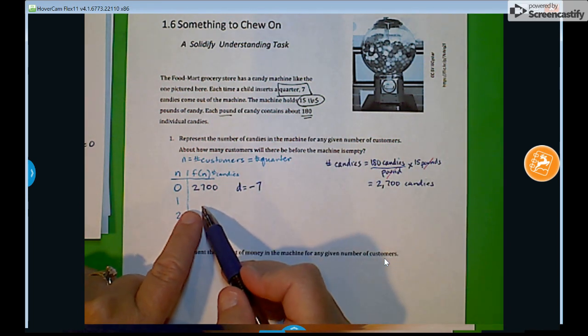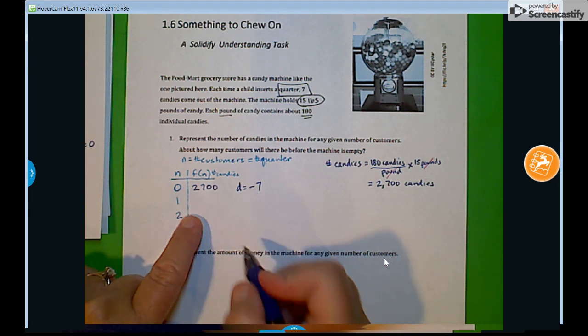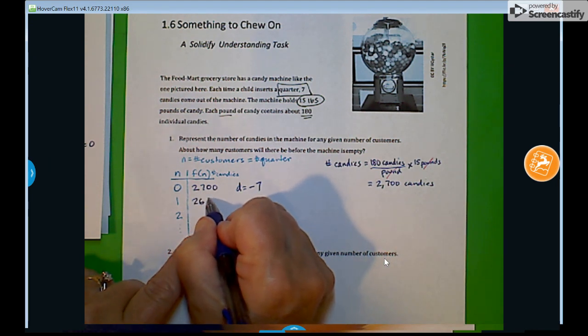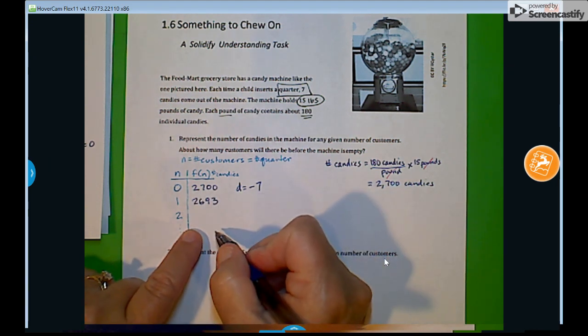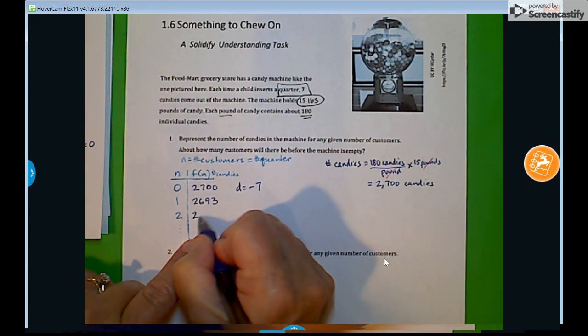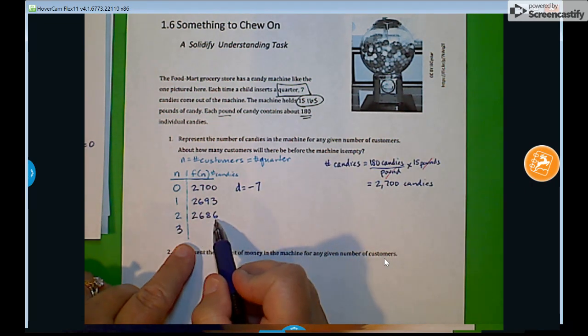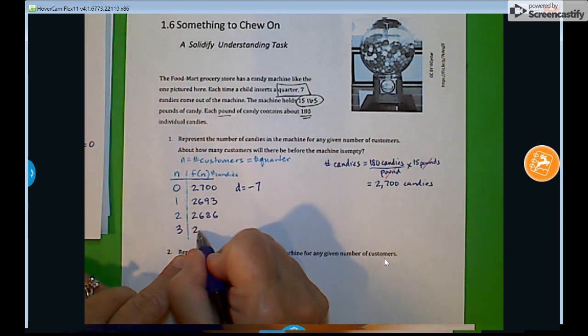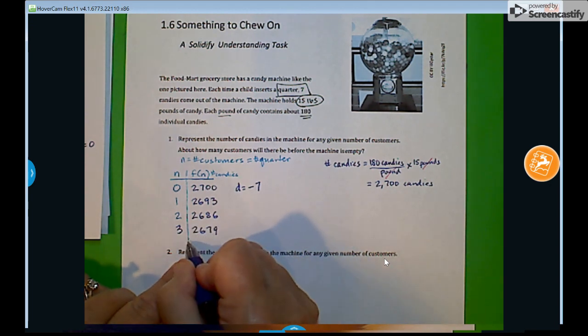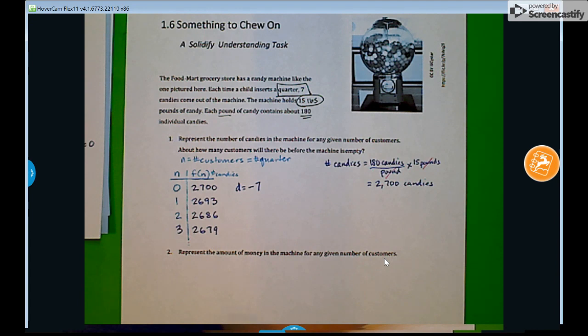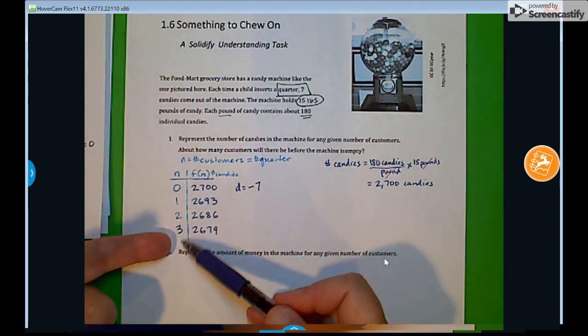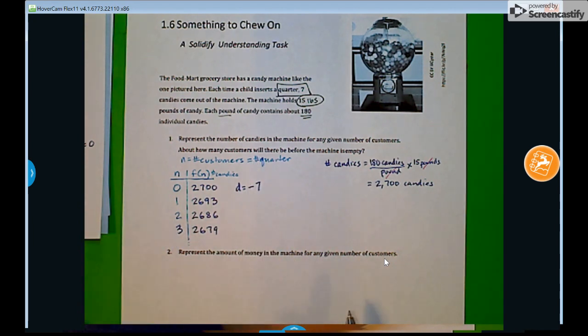So the next value here, 2,700 minus 7, would be 2,693. If we subtract 7 again, we get 2,686. Let's go ahead and do 3. If we subtract 7 again, we get 2,679, and so forth. I'm not going to do any more of that because I don't want to have to count all those to figure out how many customers there's going to be.